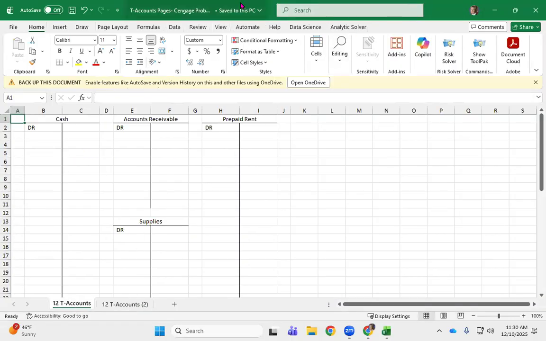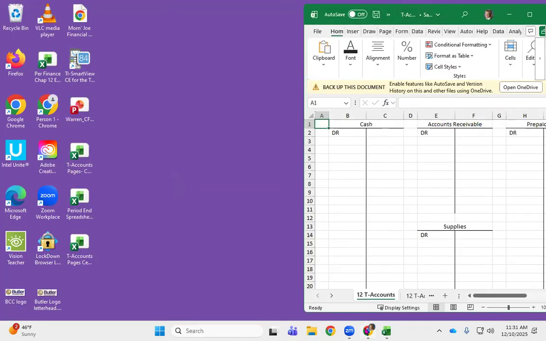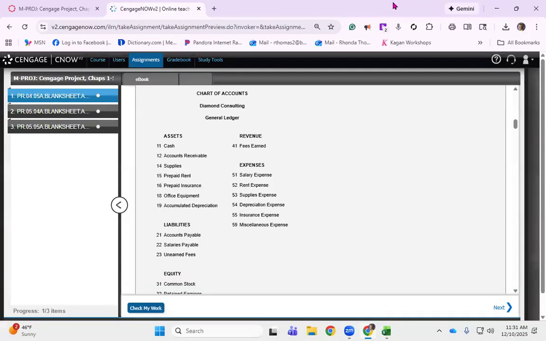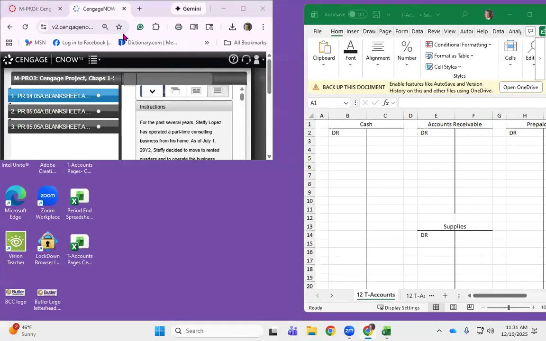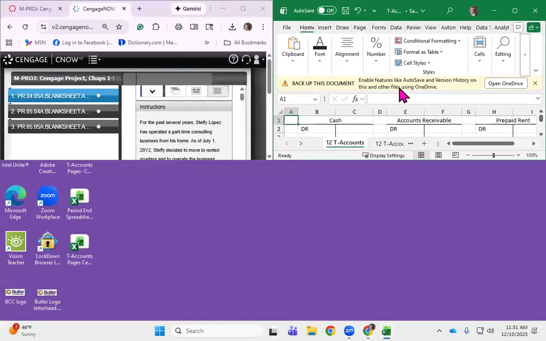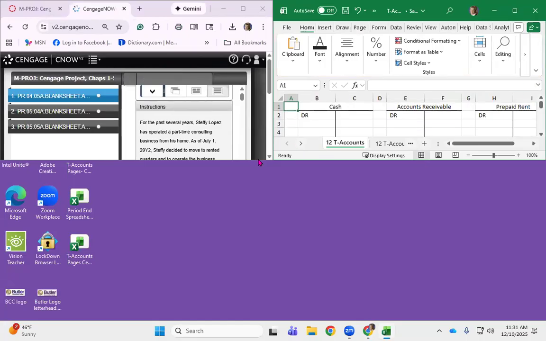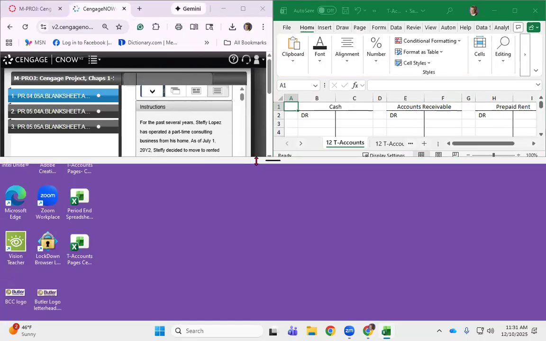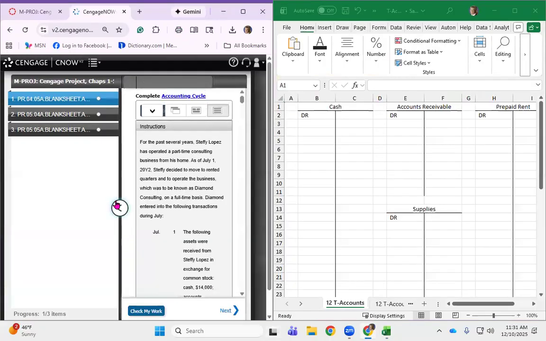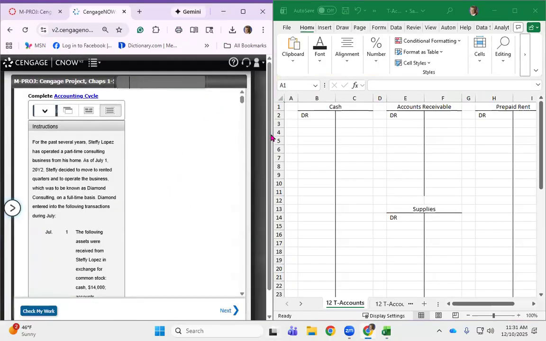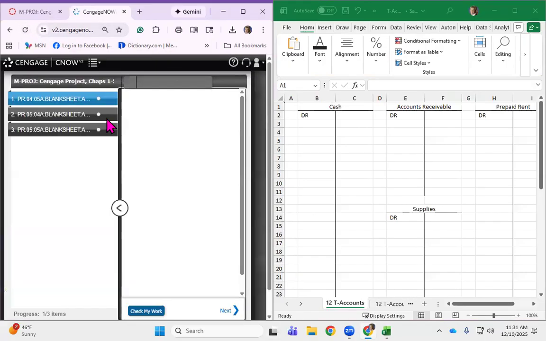Let's double check that I have all of the accounts that we need for doing the problem. Okay, so we kind of want to make sure. I did this yesterday, and I don't want to not have an account that we need. So what I did was I took the chart of accounts here. Let me refresh this. Hopefully it'll stick.